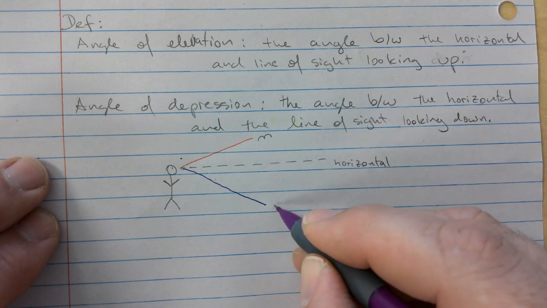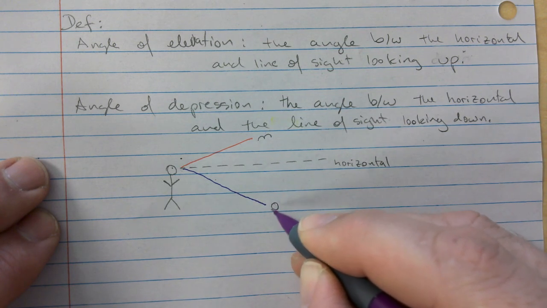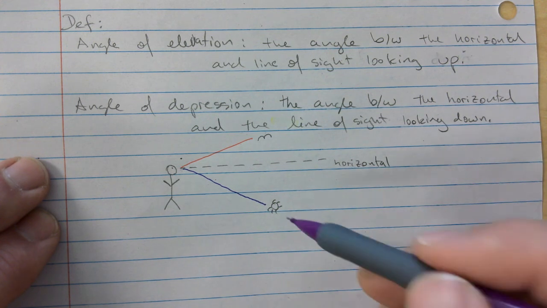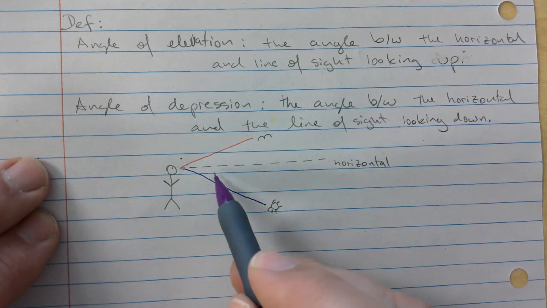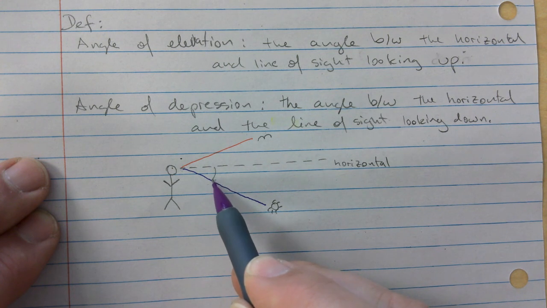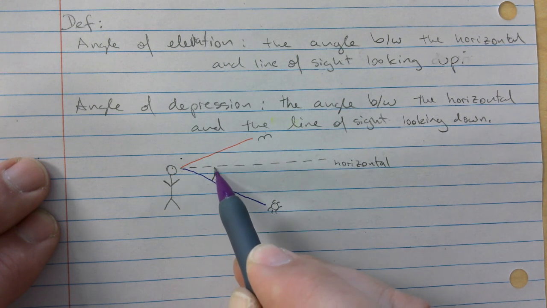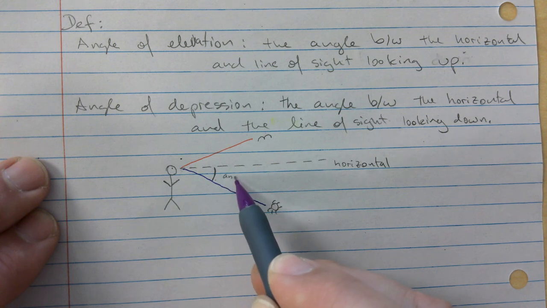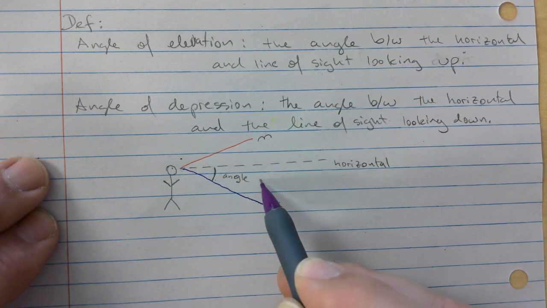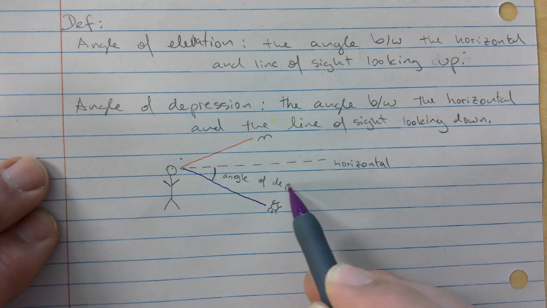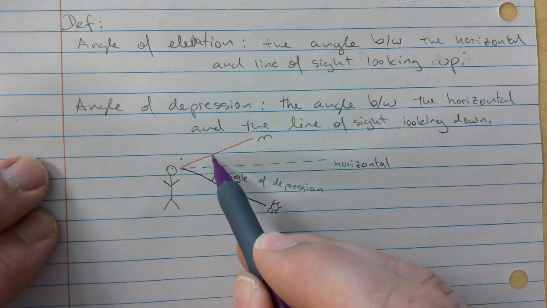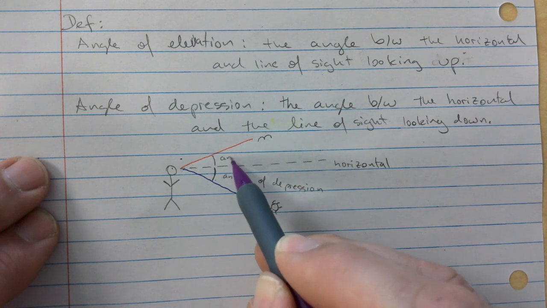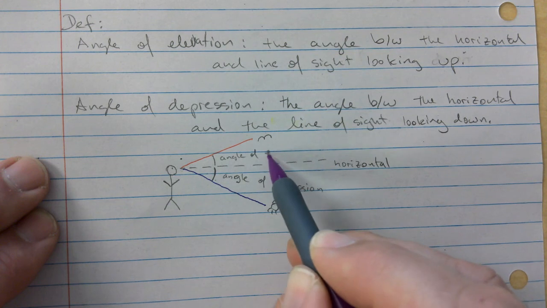Obviously, you'd be looking up, or you're looking down at a bug on the ground or a spider or whatever, right? That would be looking down. So this angle formed here is the angle of depression. And this one formed up here is the angle of elevation.